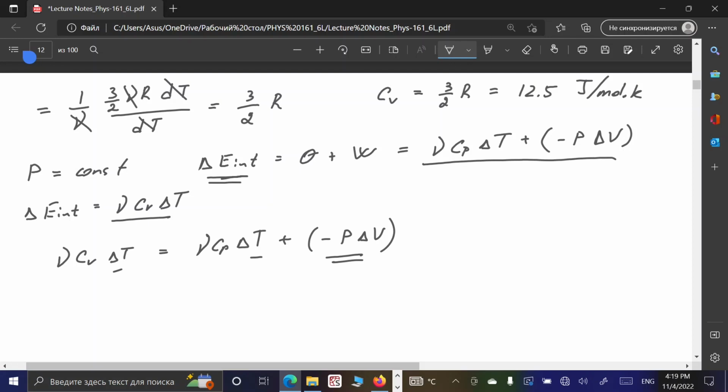We can recall the equation of state of an ideal gas.